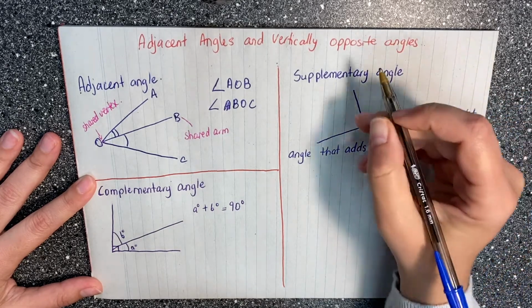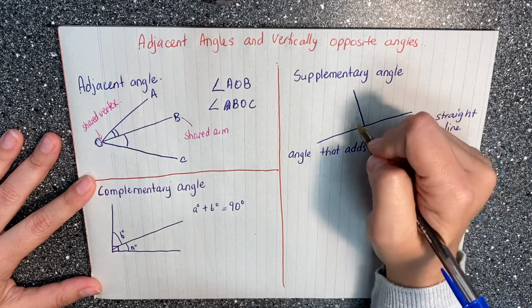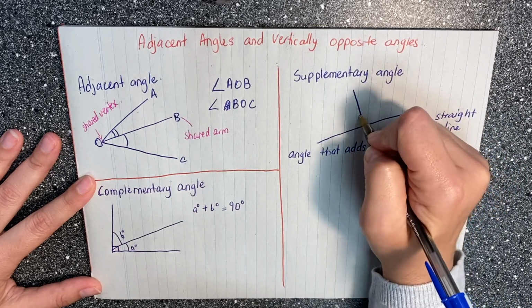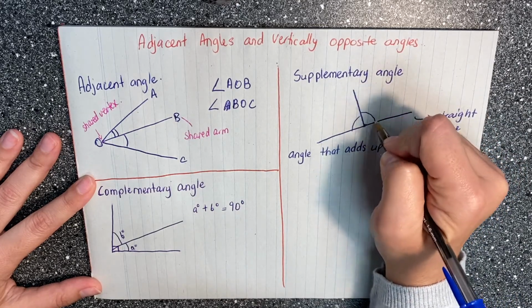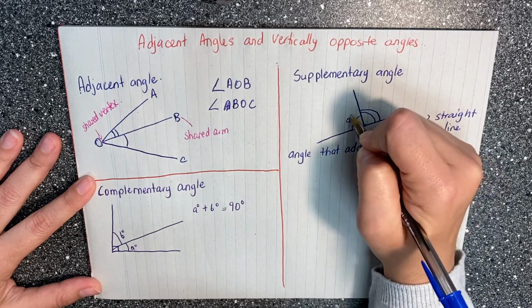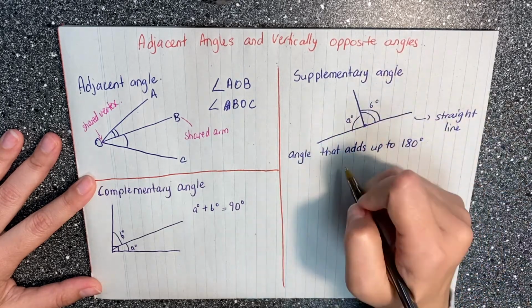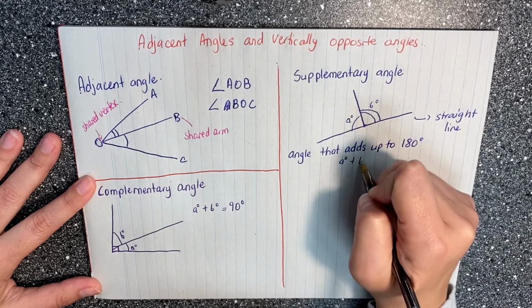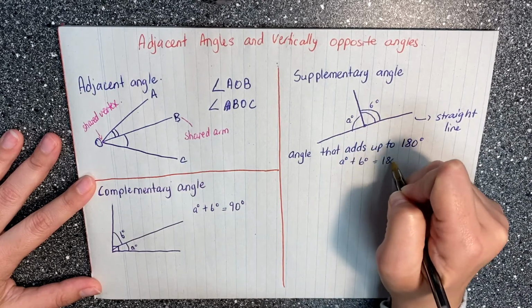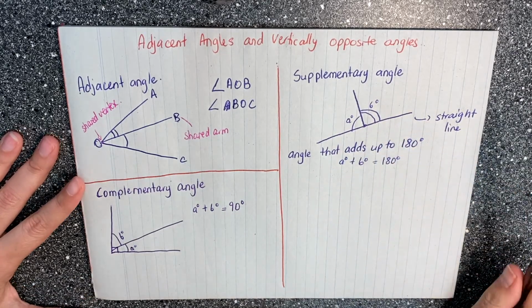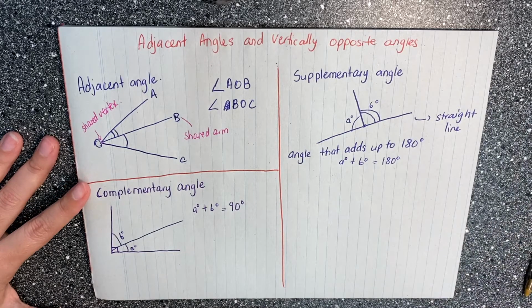Say that we have this angle and this angle, so this is A and this is B. This is a supplementary angle because angle A plus angle B adds up to 180 degrees.